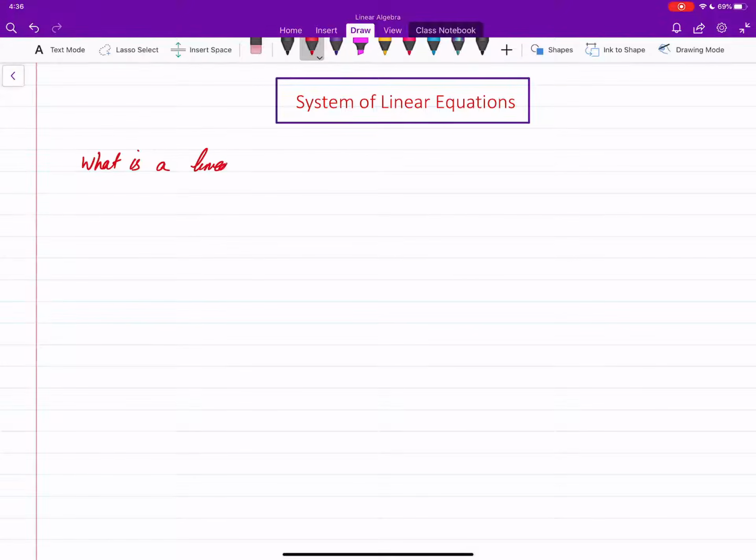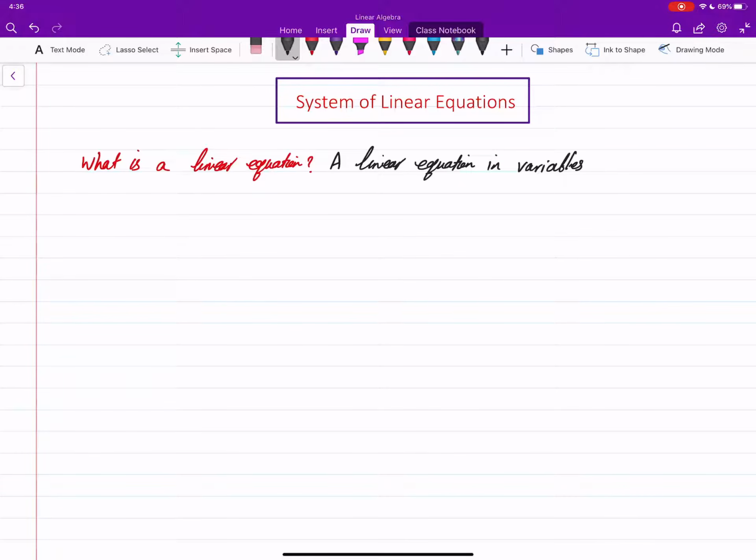linear equation. Well, it is an equation, a linear equation in variables.